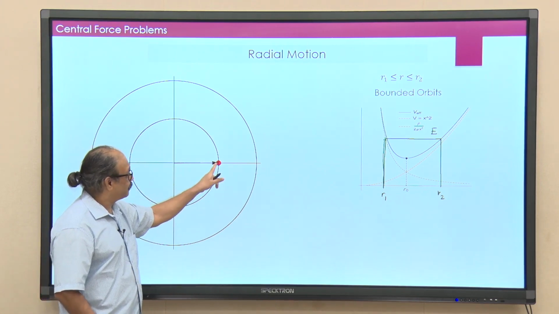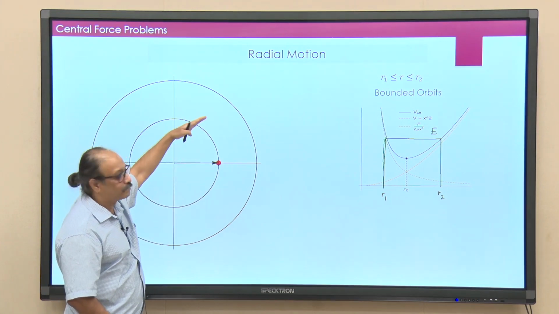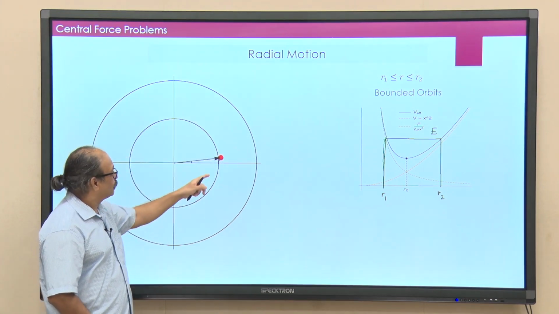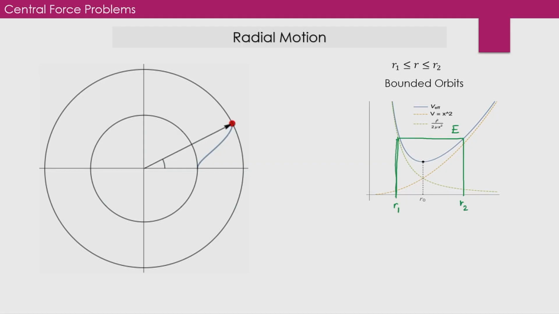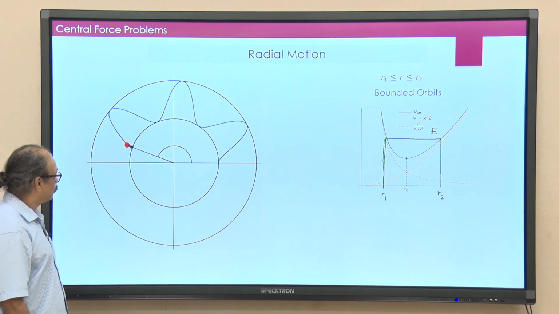As this particle travels towards r2, its angle theta will also be changing, and that is how you would get a trajectory like this: it goes from r1 to r2, but by that time the angle has changed so much, and then it goes back to r1, but during that period also the angle changes, okay. And it keeps on doing this.